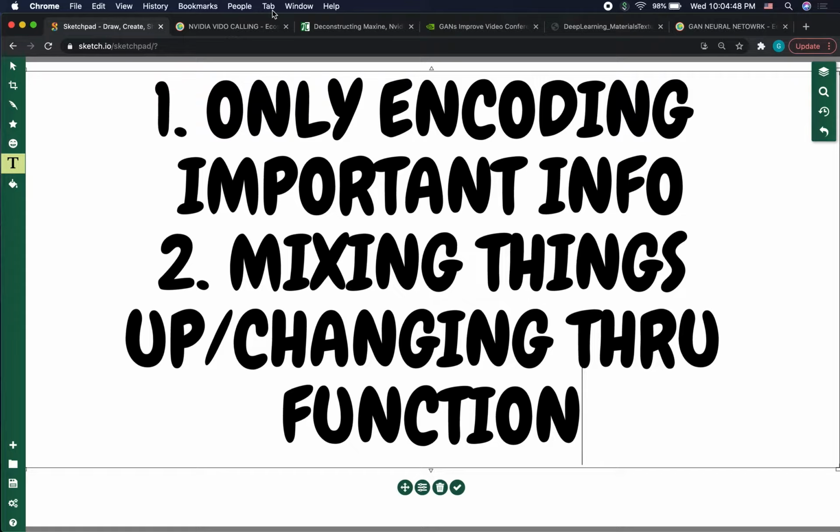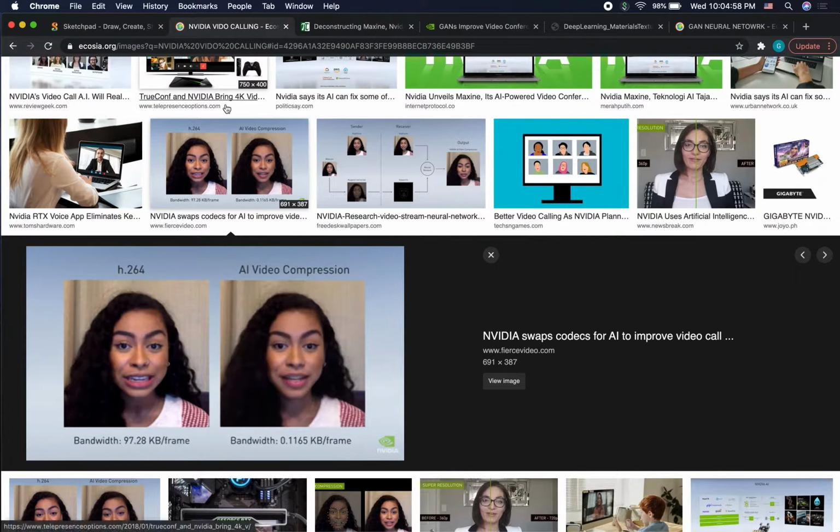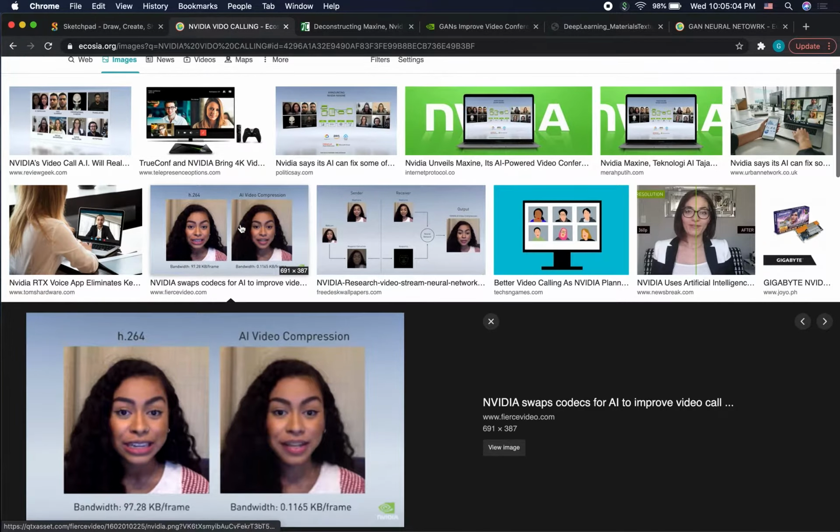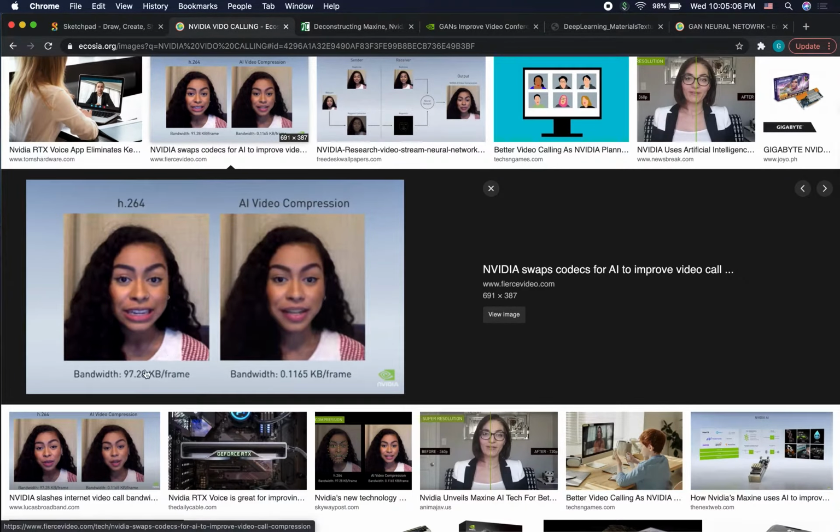I think it could be used not only for videos, like they say, but for just any type of data streaming back and forth to reduce bandwidth. And that is, they used an AI, which I'm going to show you, and how remarkable it is to recompress the data. So normal compression uses this many bytes per frame for this picture, 97.28 kilobytes per frame.